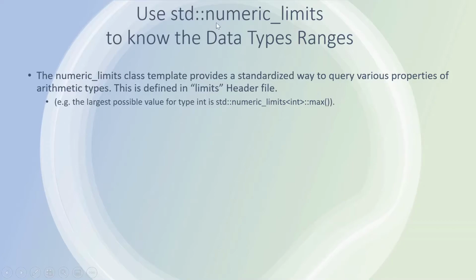So if you want to use numeric_limits in your program, you have to include the limits header file. For example, the largest possible value for type int is std::numeric_limits<int>::max(). You can use this max function to know the maximum range of integer. We will create a program for the sizeof operator and numeric_limits in the subsequent videos.